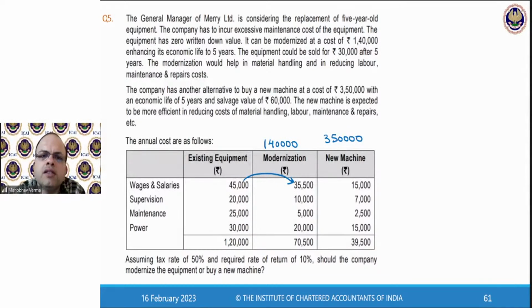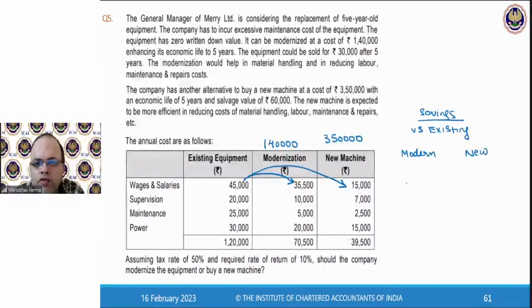Let's say for wages, what is the savings? And we will compare for new machine 45 to 15. That means if I have to say modernization or a new, I'm comparing this versus existing. So can we say savings versus existing?